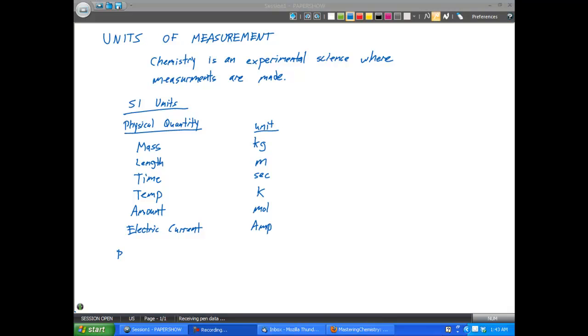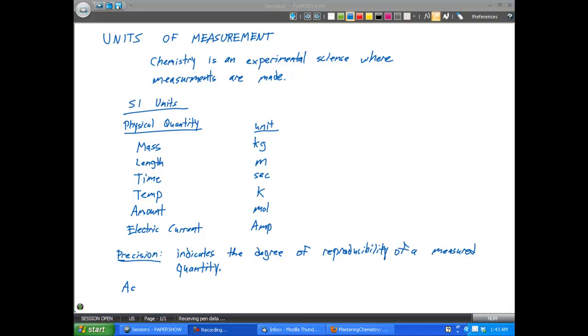The first one is precision, which we can say indicates the degree of reproducibility of a measured quantity. So that precision depends on how good you are at making a particular measurement.